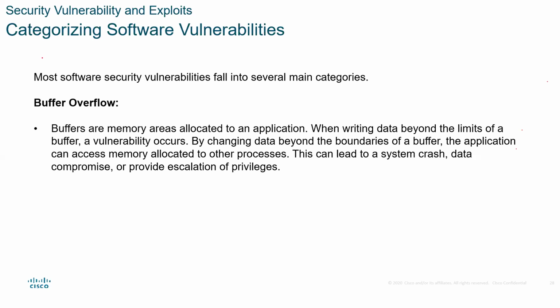By changing data beyond the boundaries of a buffer, the application can access memory allocated to other processes. This can lead to a system crash, data compromise, or provide escalation of privilege.